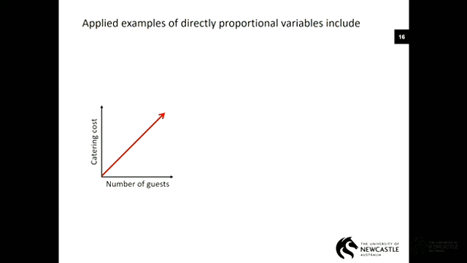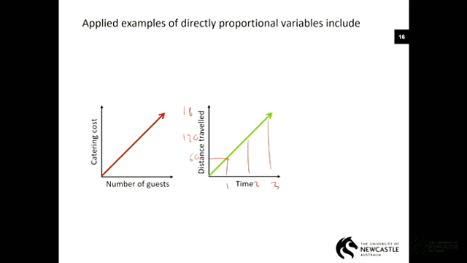Straight line. Distance travelled versus time. If you're travelling at a constant speed, that'll happen. If you're just travelling at 60 k's per hour, for every hour I travel, maybe that's time, 1 hour, I travelled 60 k's. After 2 hours, I was at 120. After 3 hours, I was at 180.